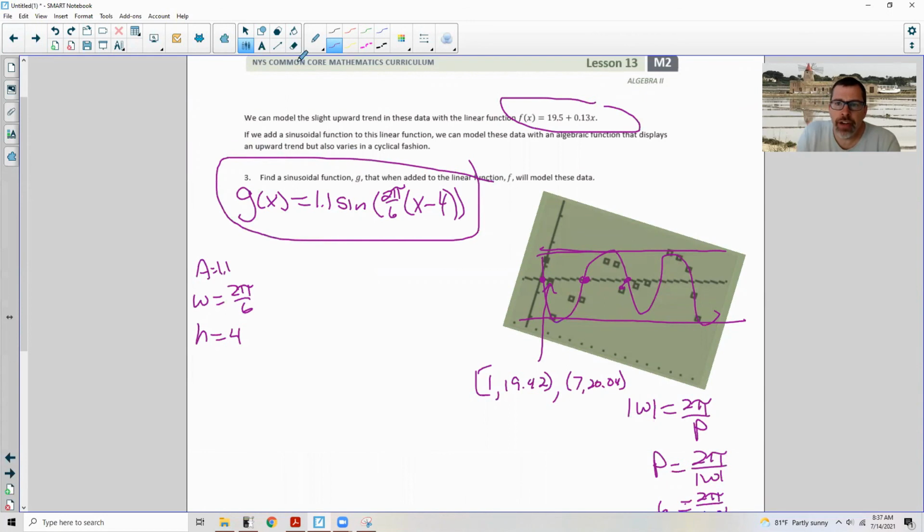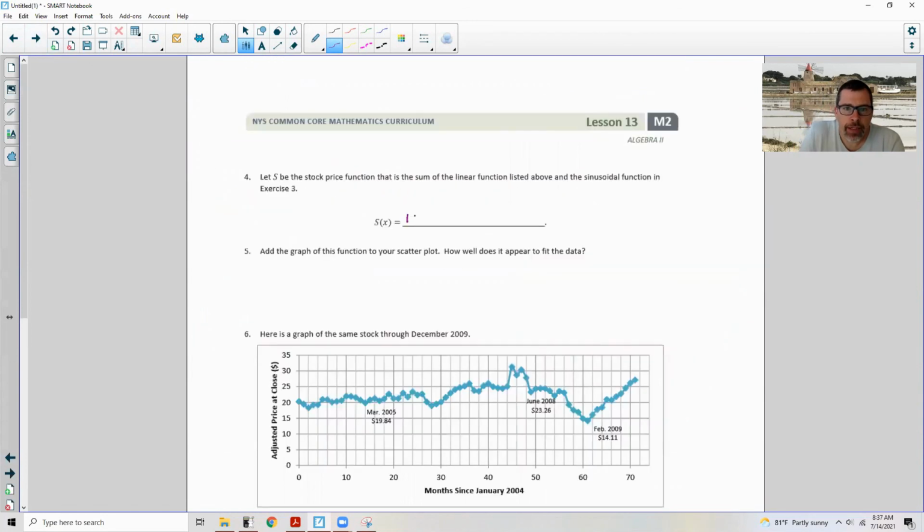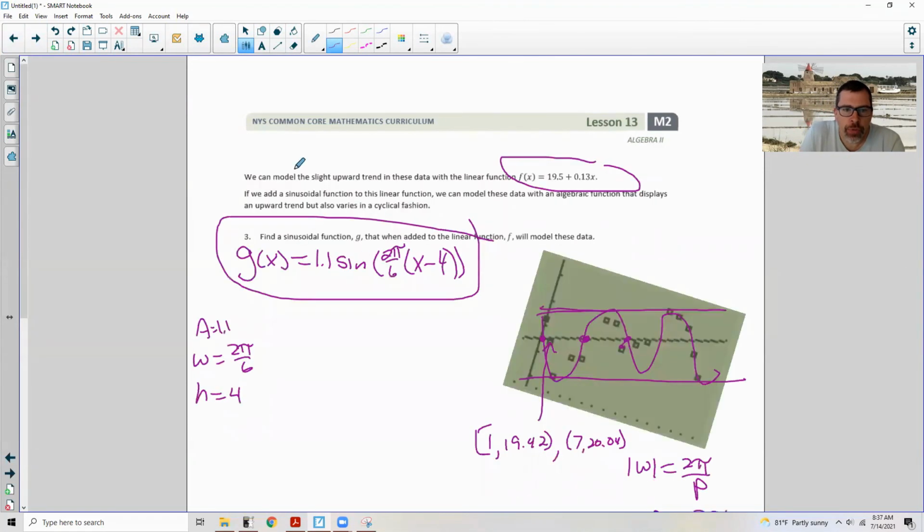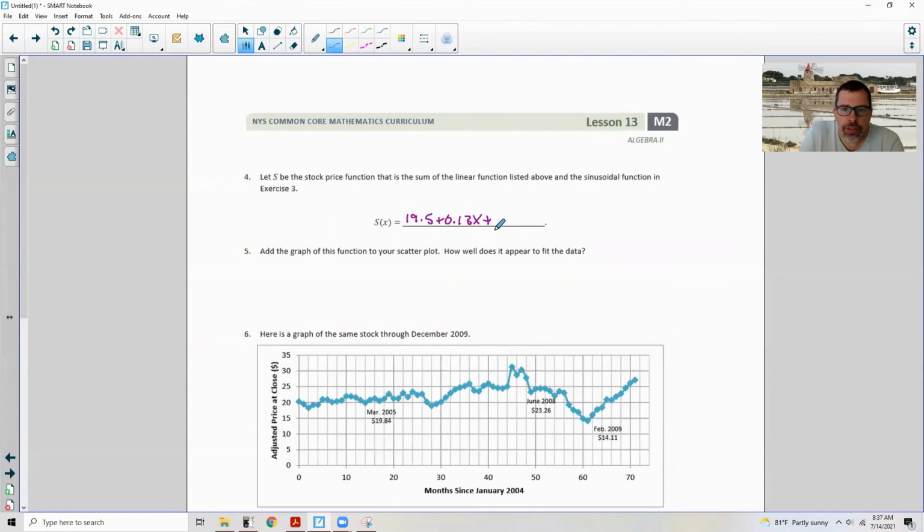So 19.5 plus 0.13x plus, and then our sinusoidal function, 1.1 sine 2 pi over 6 times x minus 4, close parentheses.